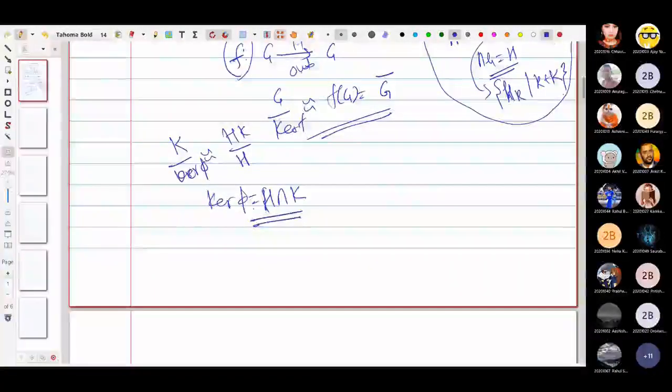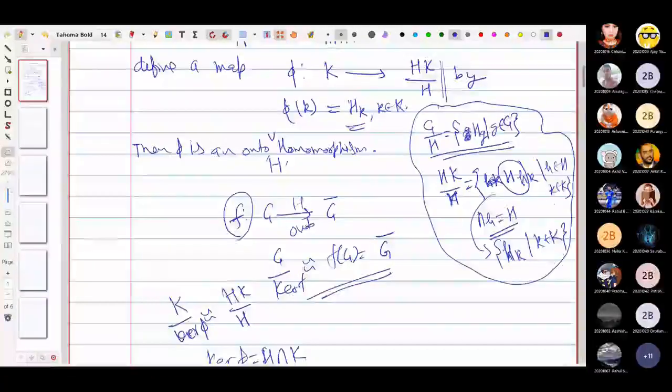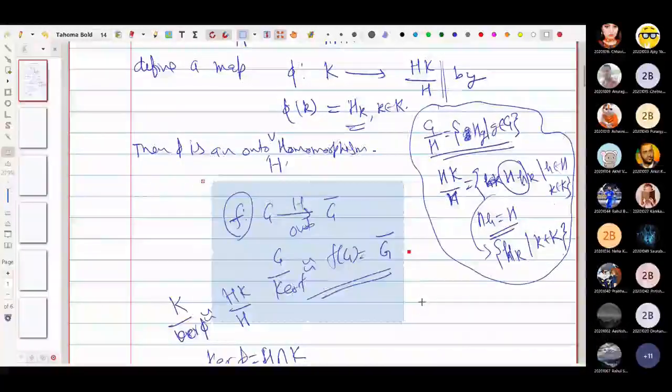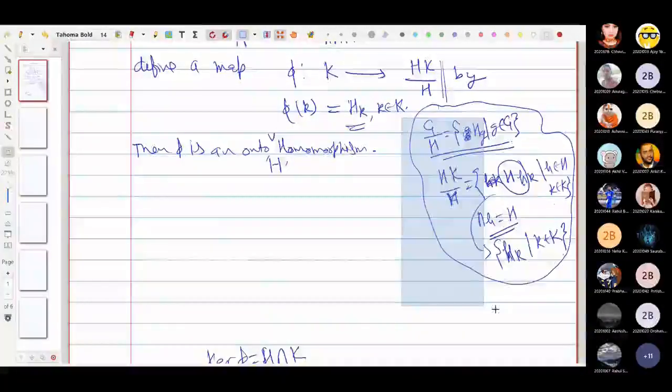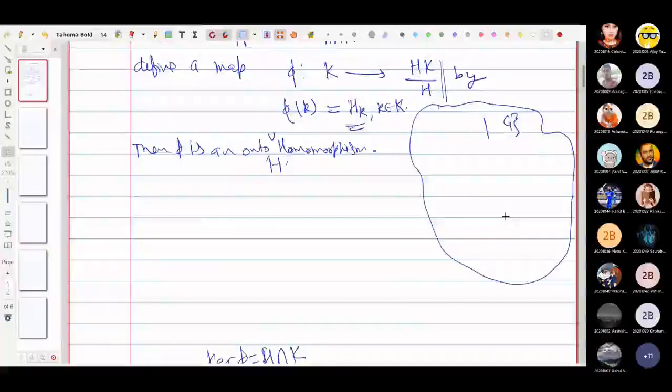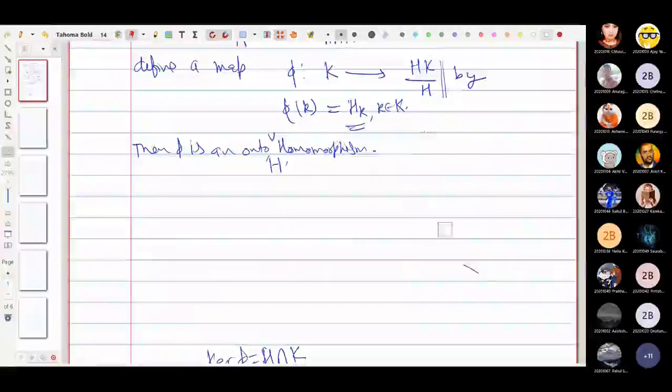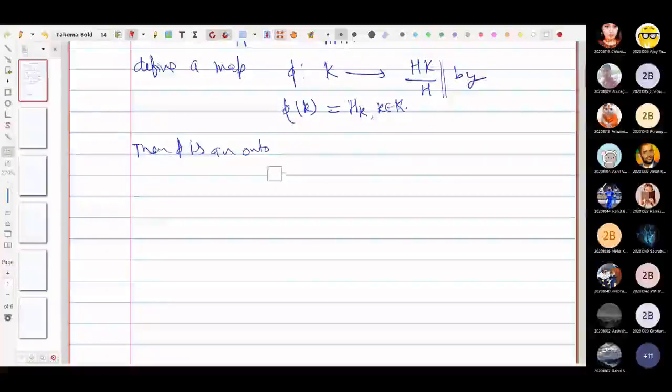That's all. Okay. So first we prove that this phi is one-to-one, onto and a homomorphism. So this we need to prove. With this information that phi is defined by means of this expression, you can proceed as follows.